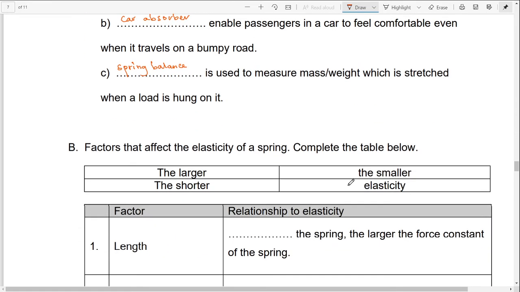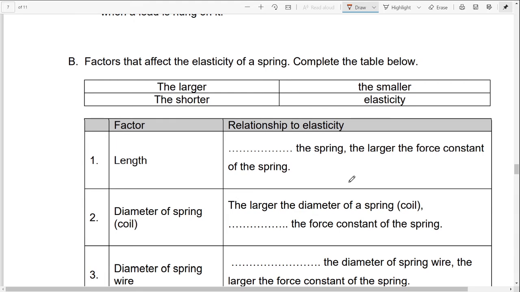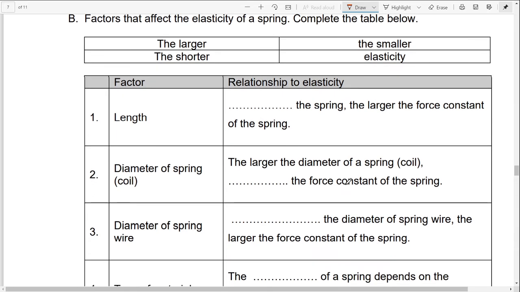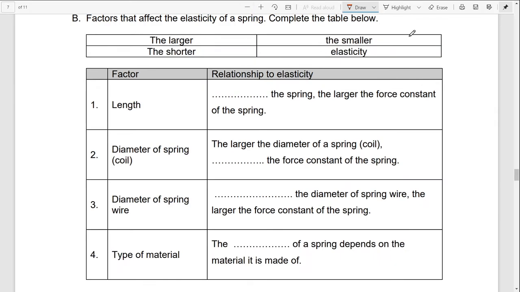Okay, we go to B, factors that affect the elasticity of a spring. So what are the factors? There are 4 factors that affect the elasticity of a spring: the length, the diameter of the spring coil itself, the diameter of the spring wire, the wire that makes up the spring, and 4th, the type of material.